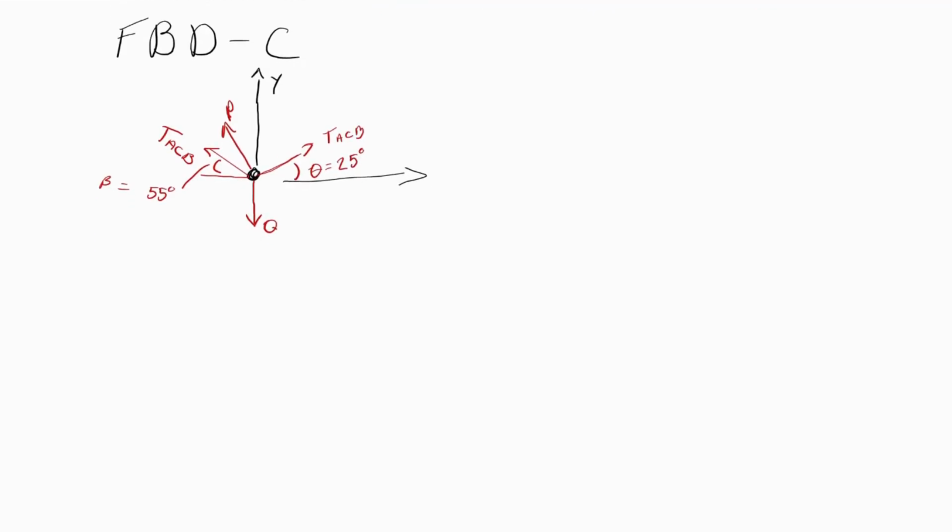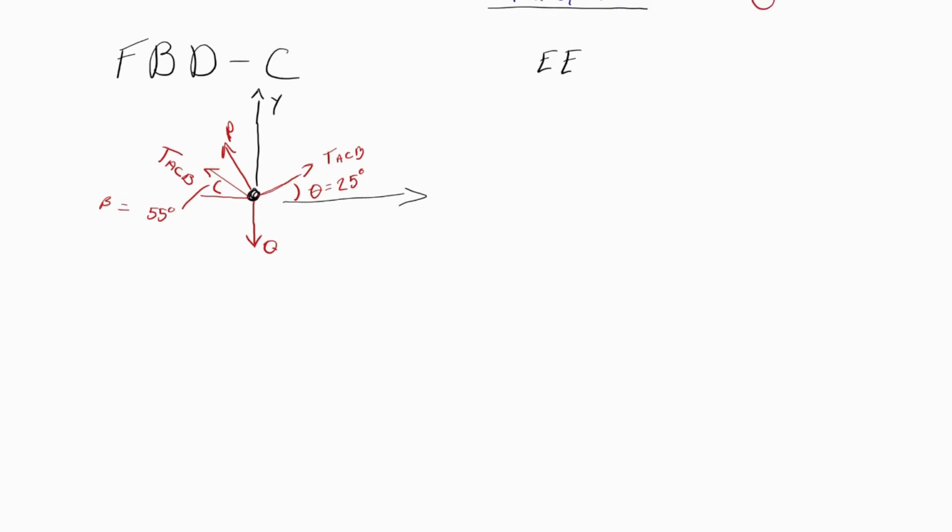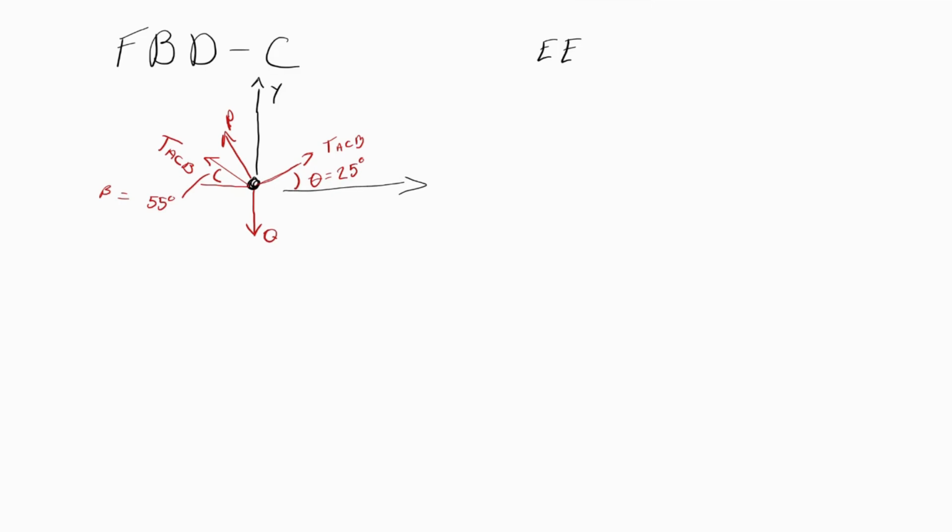Okay, so now we have the free body diagram and we can solve it. So we can form our equilibrium equations. So the way that we're gonna solve this is that we will do our equilibrium equations in the sense that all our y components of this body diagram equal 0, and all our x components of this one also equal 0. So we're gonna start with the x forces.